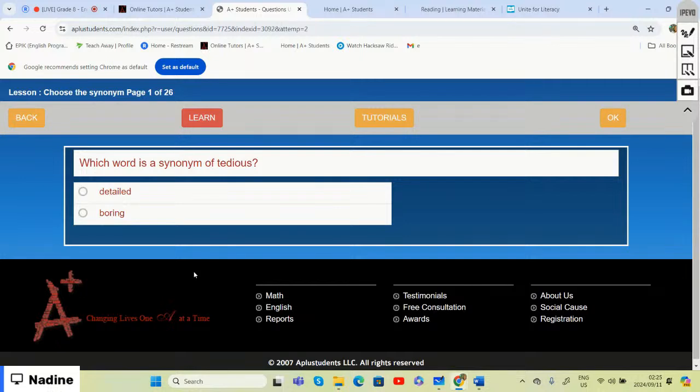We need to find the meaning of tedious. And if we were to find the meaning of the word tedious, right? Then we can say the word tedious, it means boring, right? So the word that's the same as or almost the same as tedious, we can say it is boring.